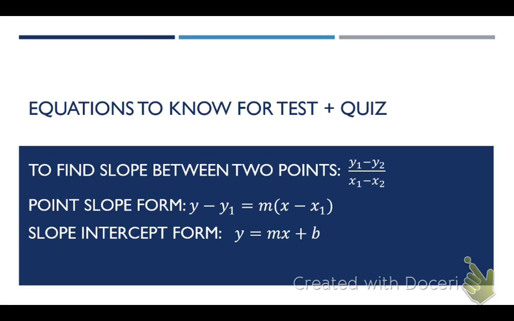Your point slope, which you have not seen quite yet, is y minus y1 equals m times x minus x1. And then the last, the slope-intercept, y equals mx plus b.